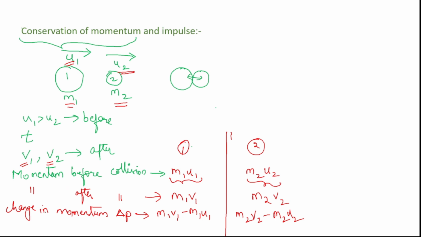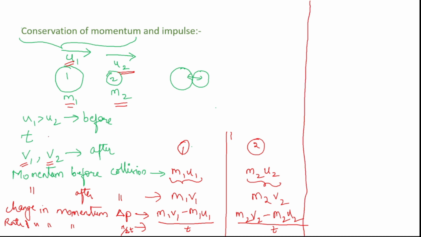If you write the rate of change of momentum, delta p by delta t, then simply divide this whole thing by t. So we divide m1 v1 minus m1 u1 by t, and m2 v2 minus m2 u2 by t.